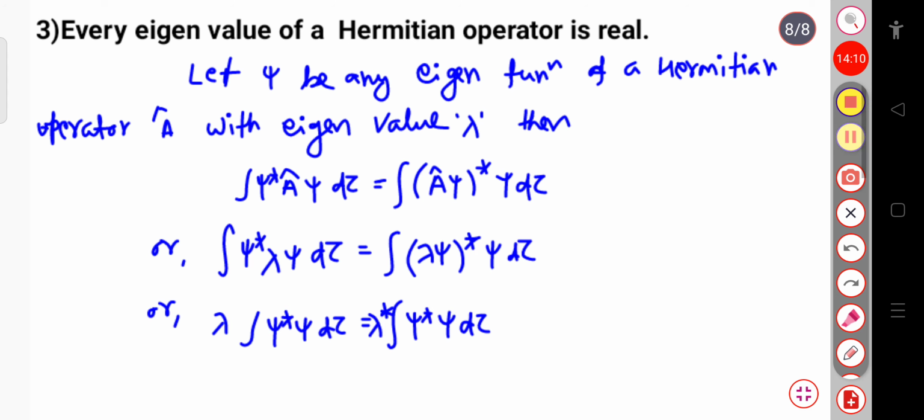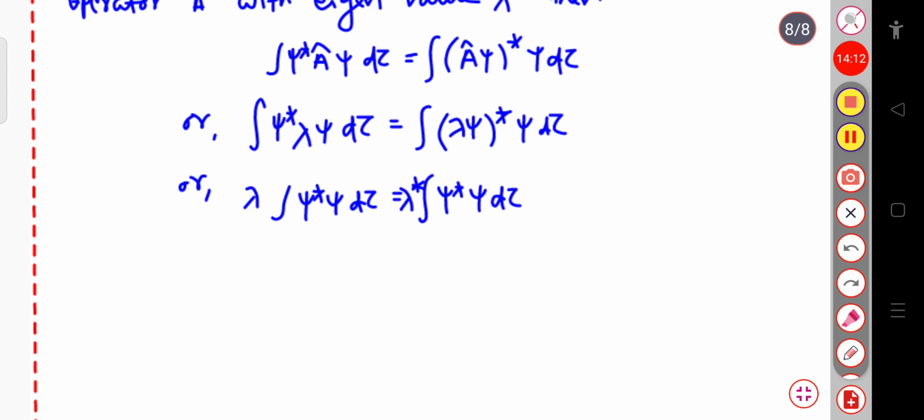Since psi is not equal to 0, the integration over psi star psi d tau is not equal to 0.